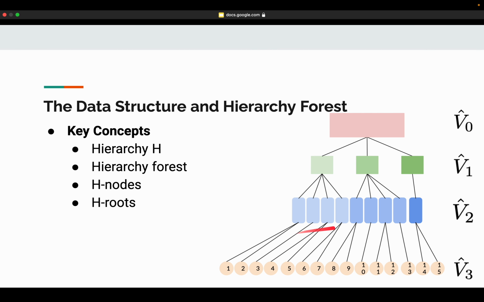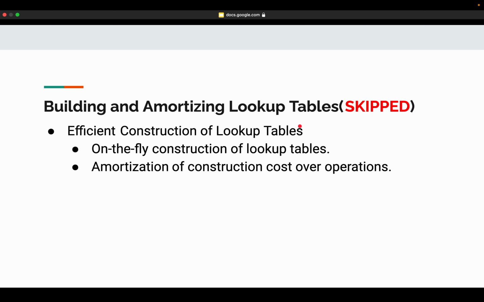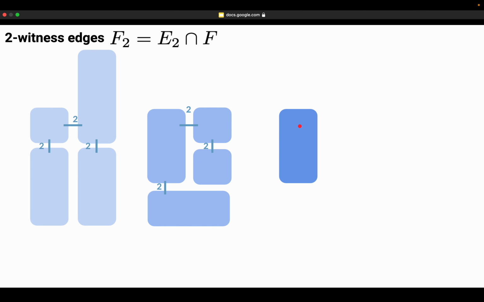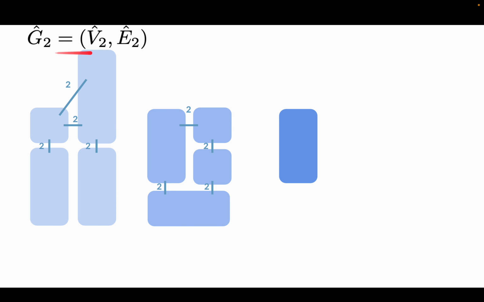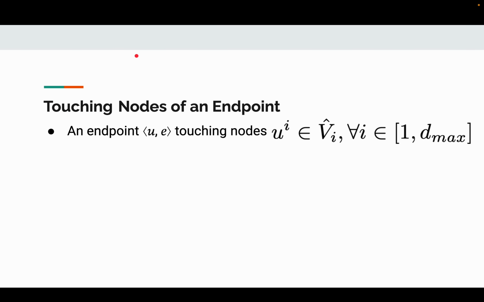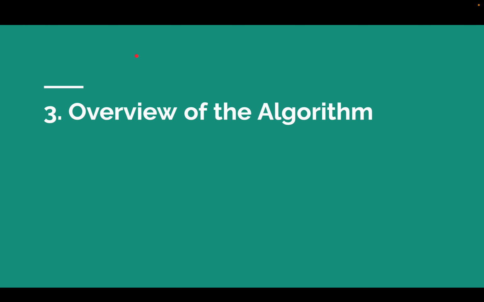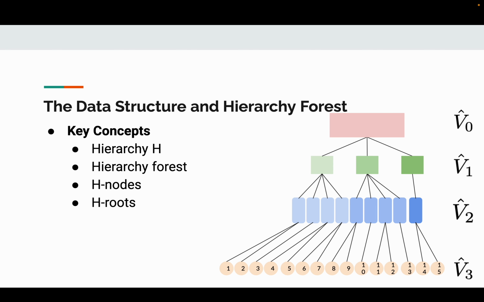So the hierarchy contains all the G hat i, which is defined here. If you still remember, G hat i is defined to be V hat i and E hat i. So the hierarchy includes all the G hat i, and we would like to represent it as a tree for more structural visualization in this algorithm.